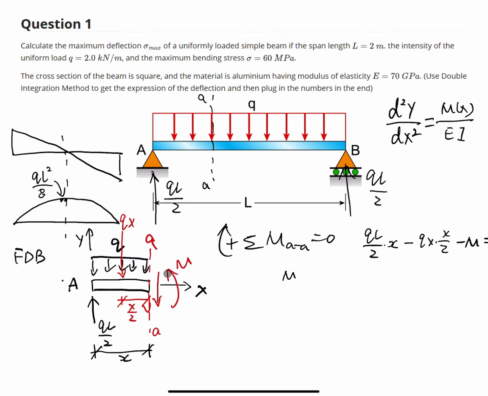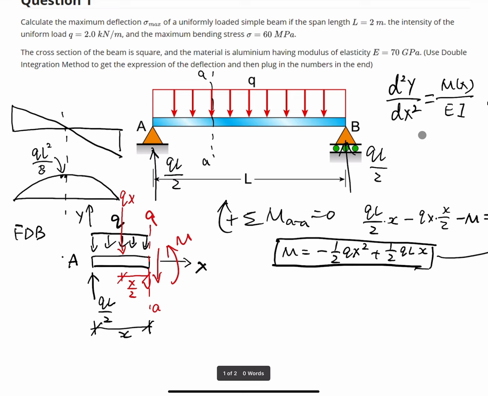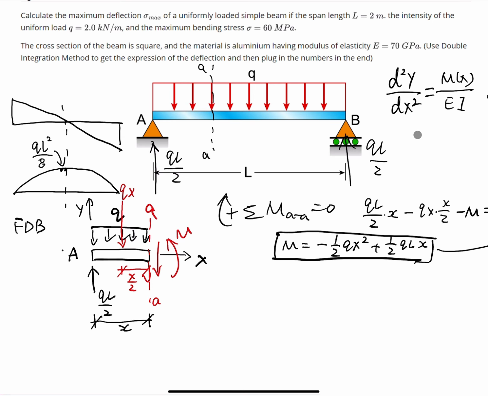So we can come up with the expression for the bending moment: M equals negative 1 over 2 q x squared plus 1 over 2 q L x. This is the expression for the bending moment. Once we know it, we can plug it into the moment curvature equation, conduct the first integration and second integration, and then we'll come out with the expression for the deflection.